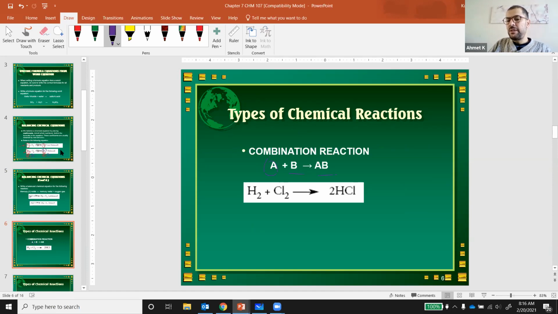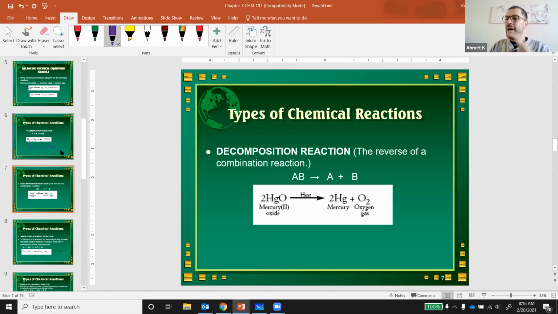So the simplest example is H2 plus O2 making water, right? This is a combination reaction, okay? Or you mix up hydrogen with chlorine, and then you get hydrogen chloride, okay? Combination. Nothing so fancy about it. And if you have the opposite of the combination, then you have a decomposition, right?